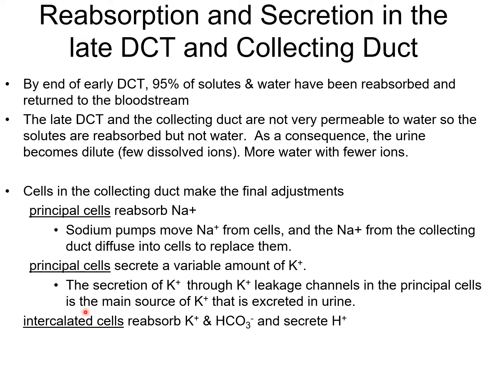And here are even more famous cells. In chapter 27, we'll come back to these as major regulators of pH. The intercalated cells can reabsorb potassium. Most important is this bicarbonate and hydrogen secretion by the intercalated cells. We'll expand on this a great deal in chapter 27.